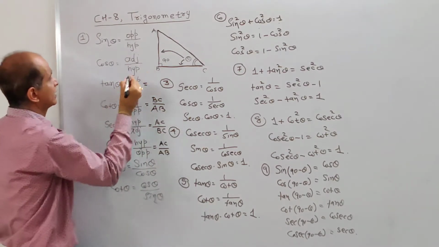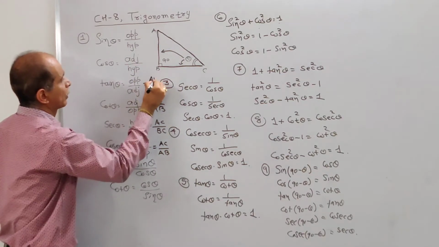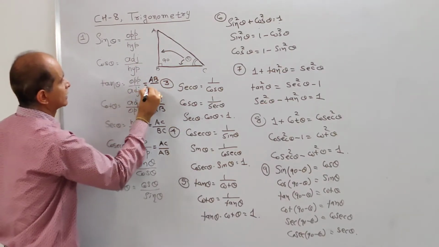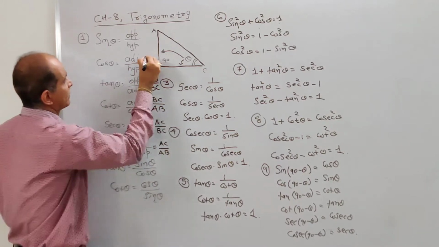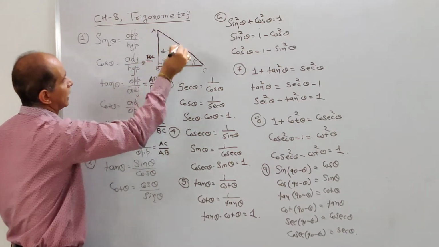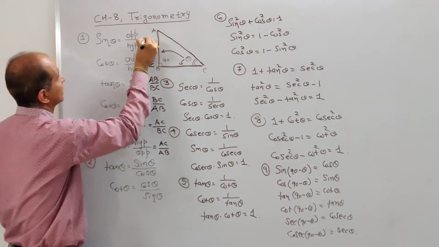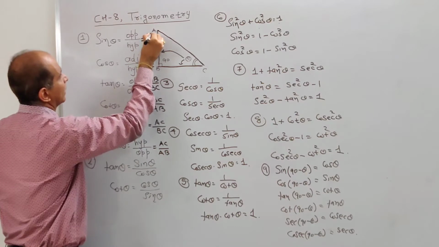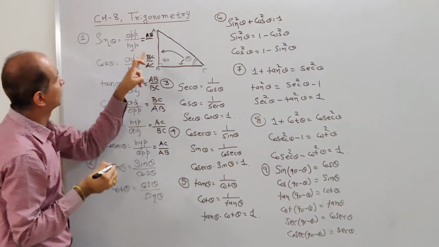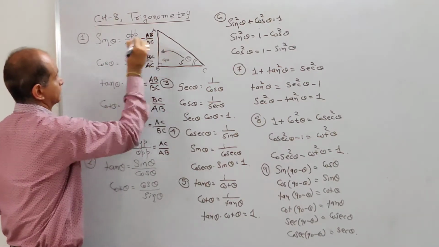Tan theta means opposite, AB, upon adjacent, BC. Cos theta means adjacent, BC, upon hypotenuse, AC. Sin theta means opposite, AB, upon hypotenuse, AC.